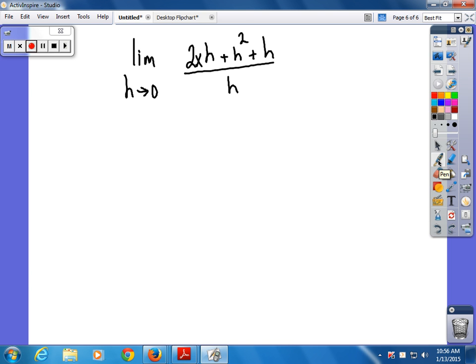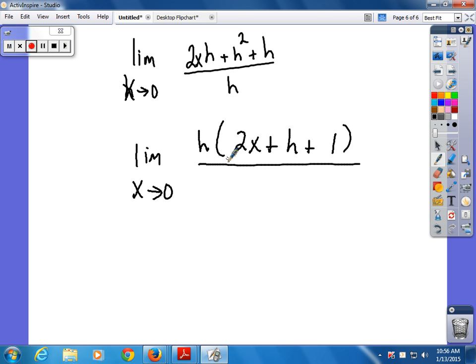Alright, so we've got to get all our h's out. Limit as h approaches 0. Factoring out h, that gives us h times 2x plus h plus 1, over h, and what happens to the two h's?